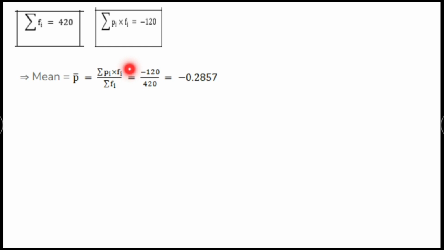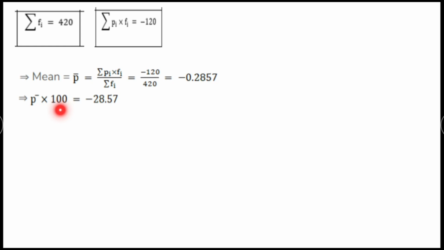Substituting the values of summation of fi and summation of pi fi, after simplification we get minus 0.2857. Now we require the value of di, so we multiply both sides by 100.